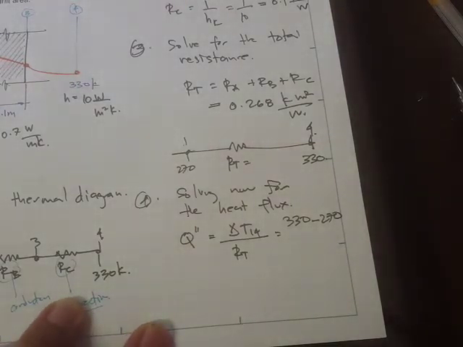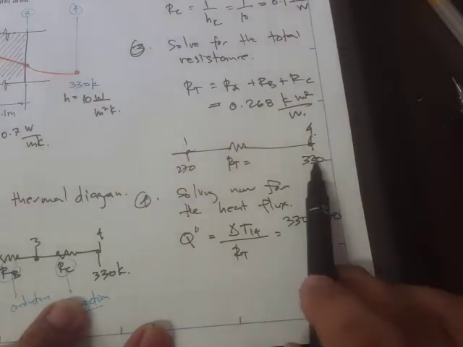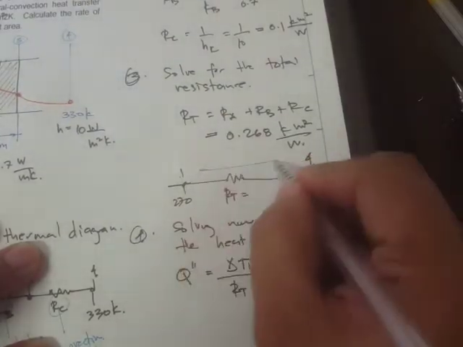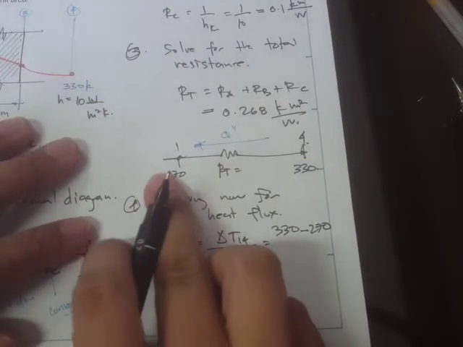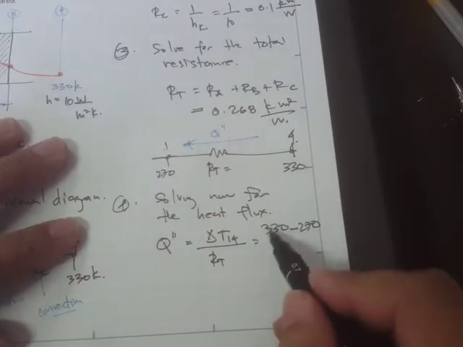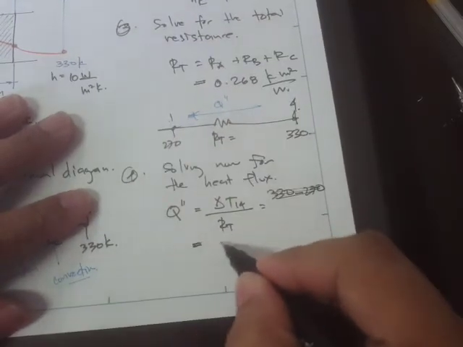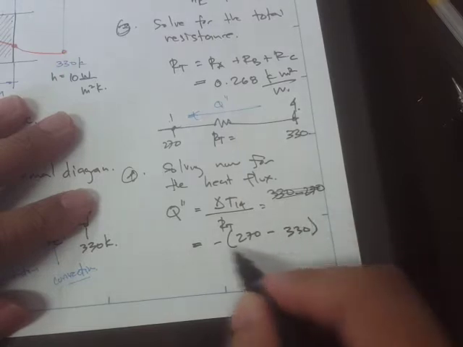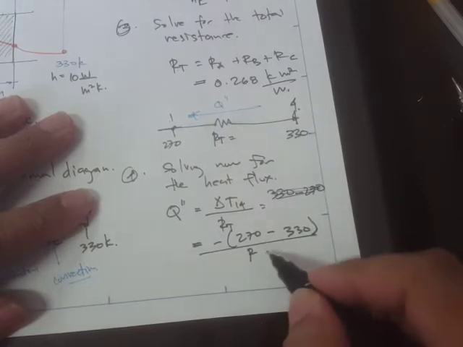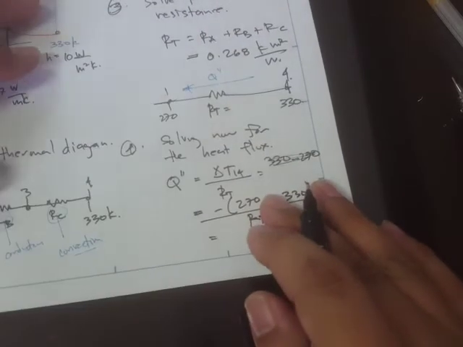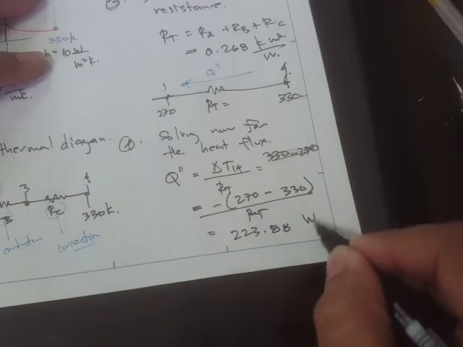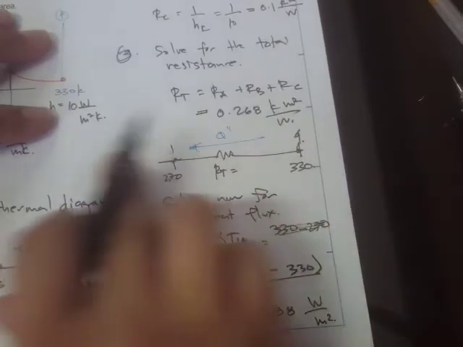Actually, since this is higher temperature than point 1, then the heat flow should be going this way. So that should be final minus initial, so this should be 270 minus 330, divided by the R total, and this is 223.88 watts per meter squared, of course in this direction.